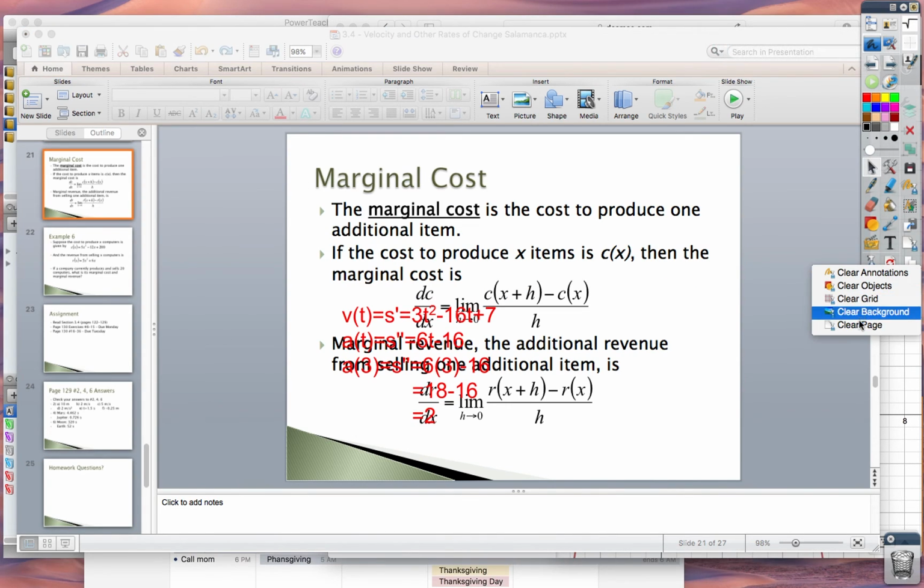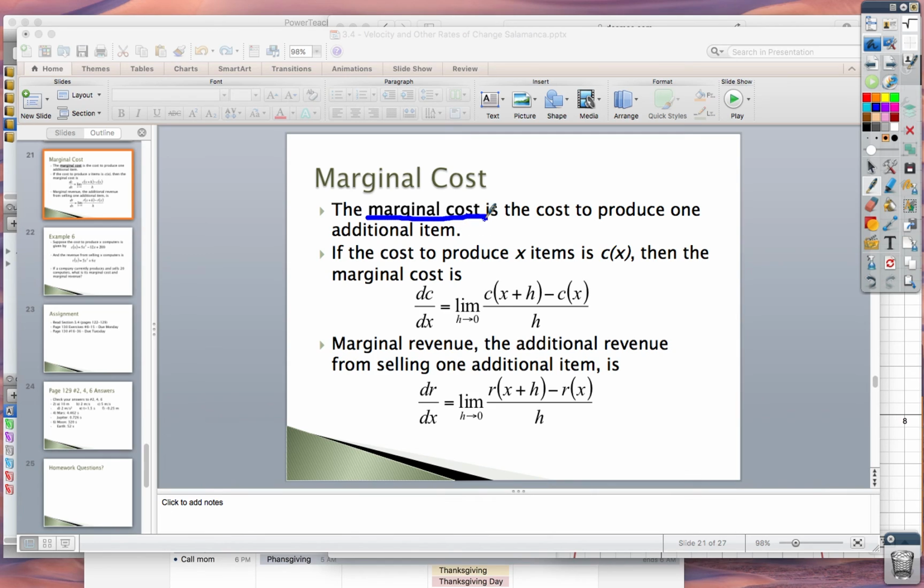So marginal cost. Let's talk about this for just a second. It says the marginal cost is the cost to produce one additional item. So marginal cost refers to how much does it cost to produce one additional item.